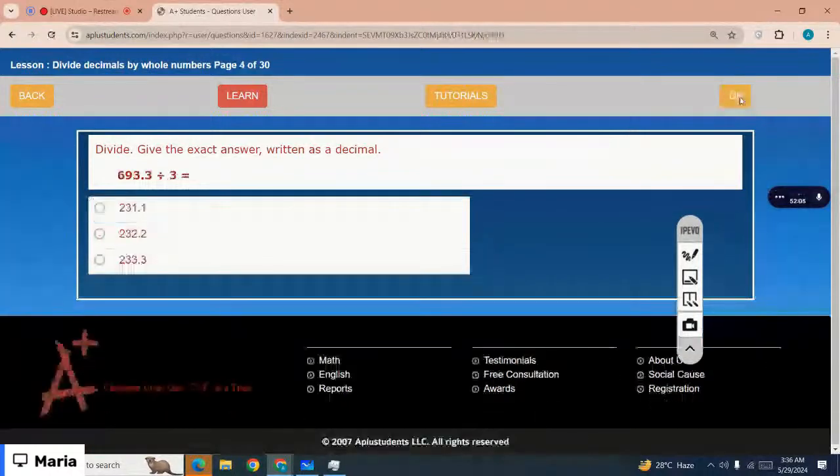The next one is 693.3 divided by 3. So which is the correct option?